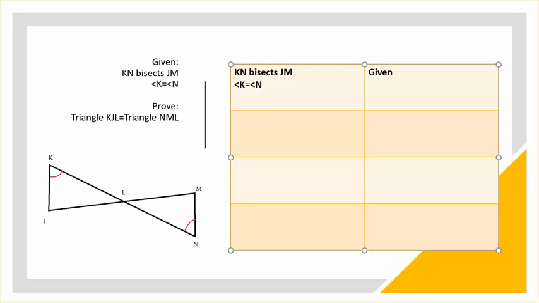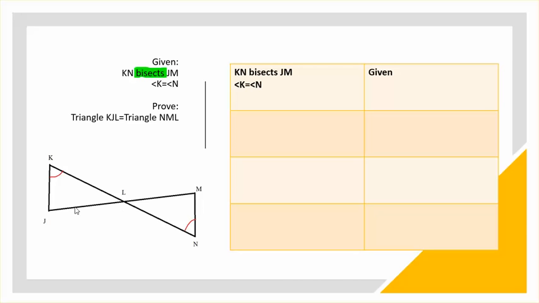Now let's ask ourselves what that means. They told us that information for a reason. So why did they tell us that KN bisects JM? First, go back and review that definition. Bisect means to cut it into two equal parts. Okay, so KN cuts JM in two equal parts.